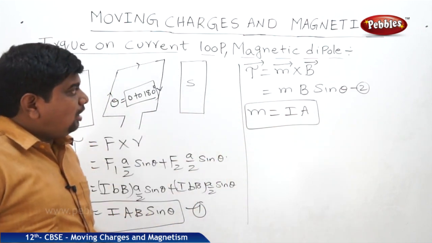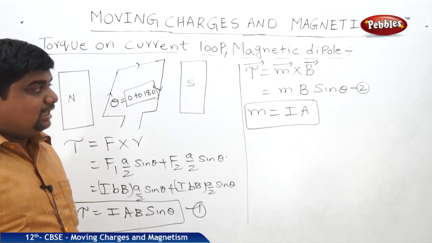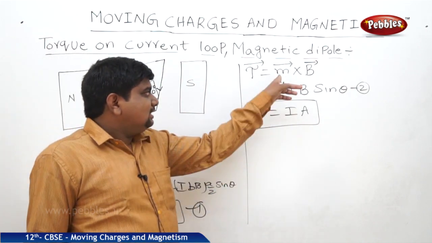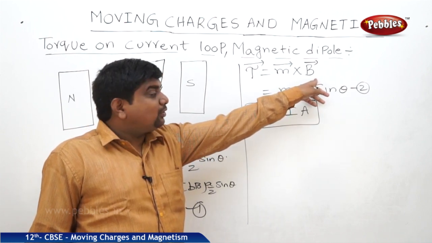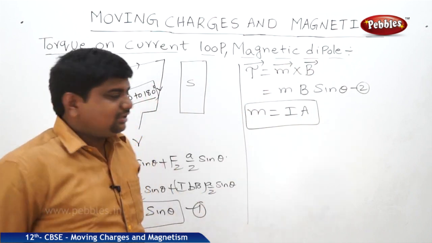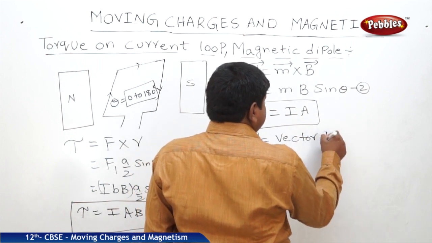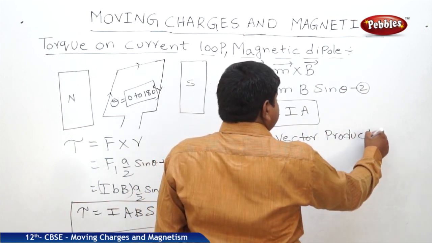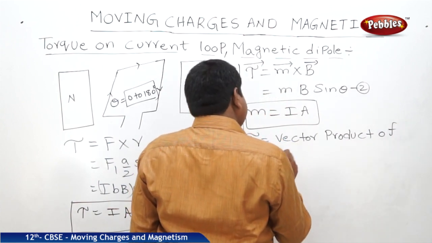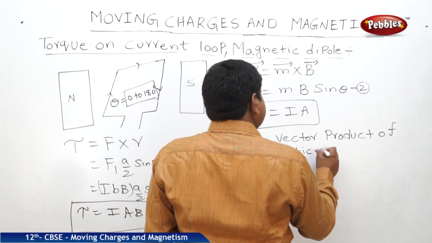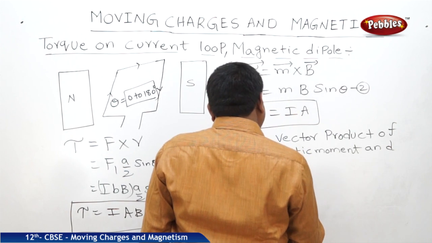So the torque on a current loop, or the torque acting on a magnetic dipole, can be written as the vector product of magnetic moment and magnetic field.